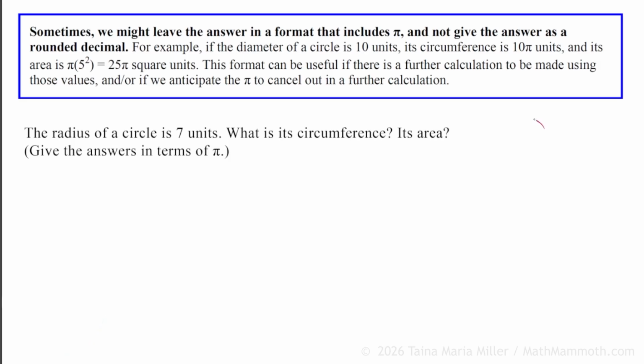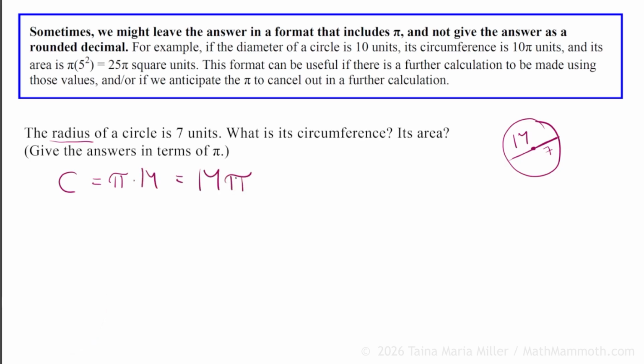It often helps to make a little sketch. So here's a circle and it says the radius is 7. What is its circumference? For circumference we use the diameter, which is 14. And circumference is just pi times the diameter, or vice versa.